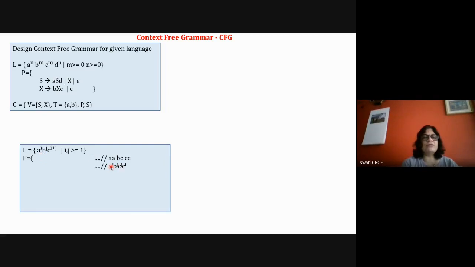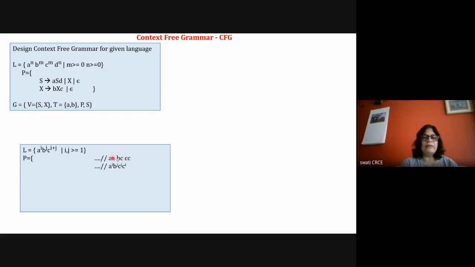If I is equal to 2, then you are getting 2 A's, then 1 B, and C. Here I am taking I is equal to 2 and J is equal to 1. In that case, it will be 2 A's, J is equal to 1, so only 1 B, and then C will be 3 times.